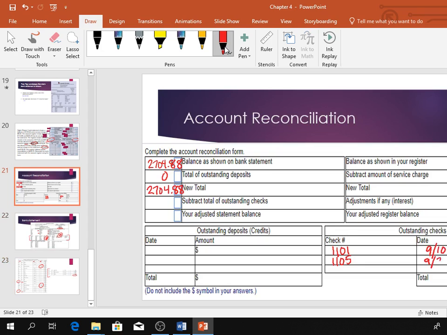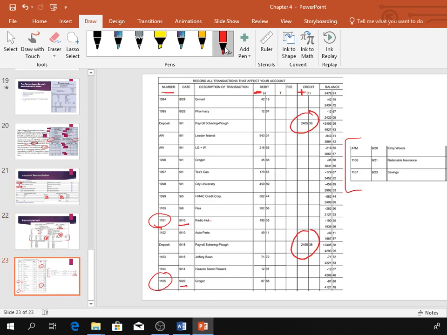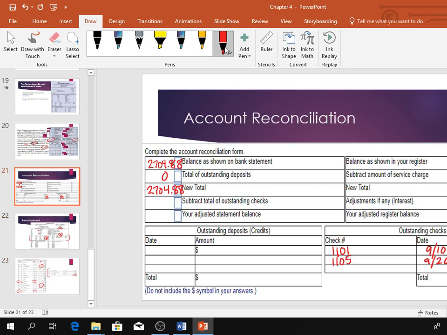And these are the amounts they were written in. If you look here, it was $190.35, $87.68. Okay, so we got those here.